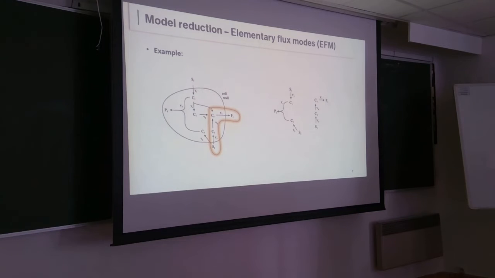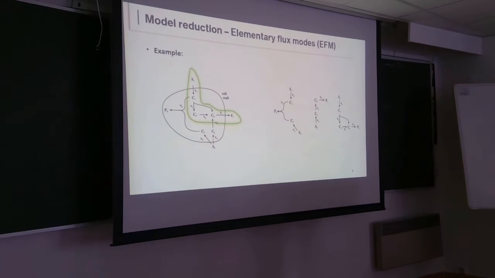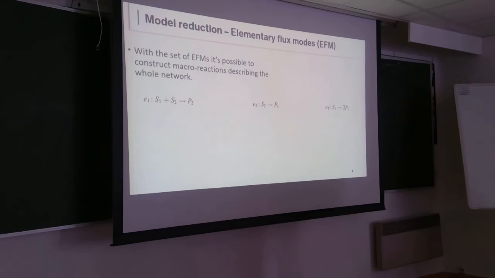Then you have another elementary flux mode, a steady state reaction where the substrate S2 produces the first product. And then we have a third elementary flux mode, from S1 to P1. So the idea of the EFMs is that we can construct micro reactions.